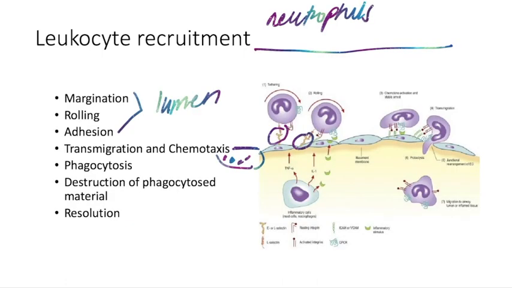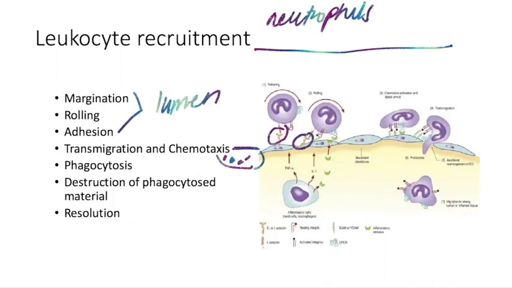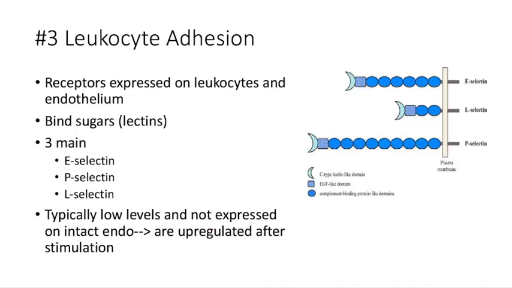As the white blood cell rolls over it, it's going to be activated by these adhesion molecules, and it's going to pull it closer to the edge of the endothelium. So the leukocytes bind loosely and begin rolling on the endothelial surface, and then they come to rest and adhere firmly. So now we're getting closer here, and we have tethering, rolling, and it gets pulled in closer.